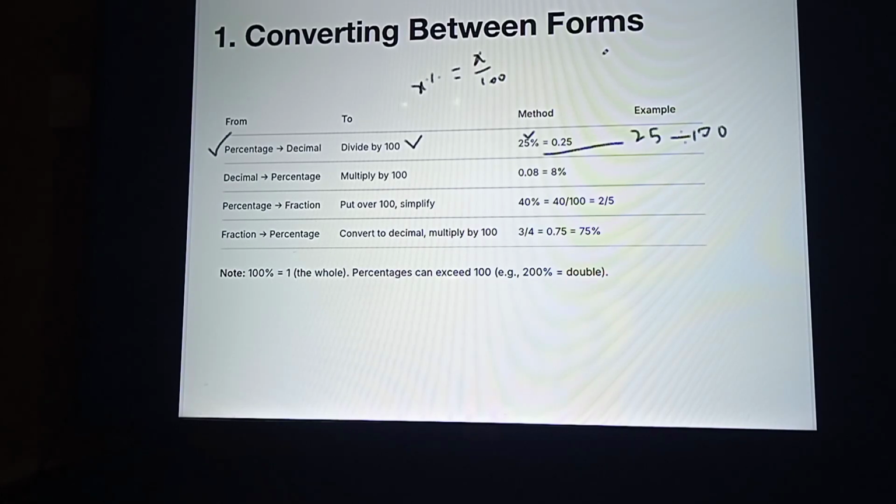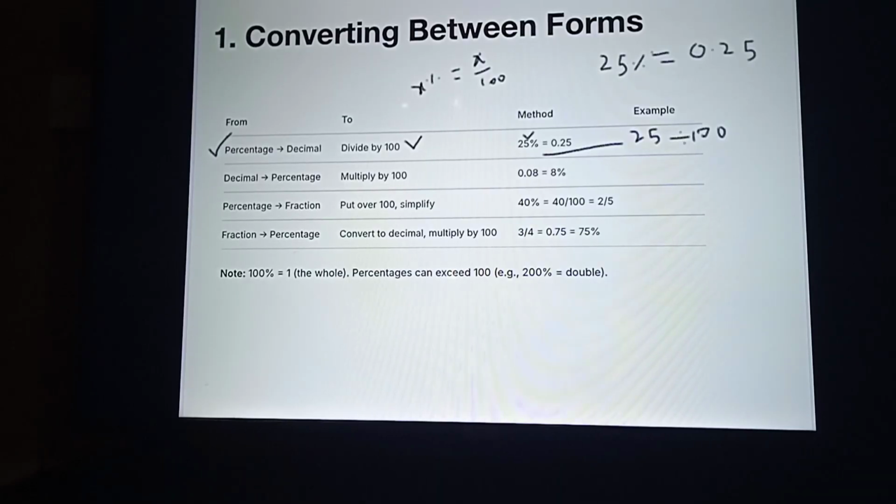Converting 25% to decimal, you just move the decimal point 2 places to the left. So this will become 0.25 directly.